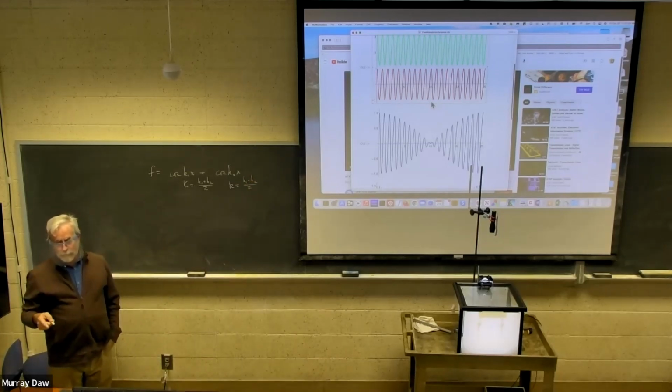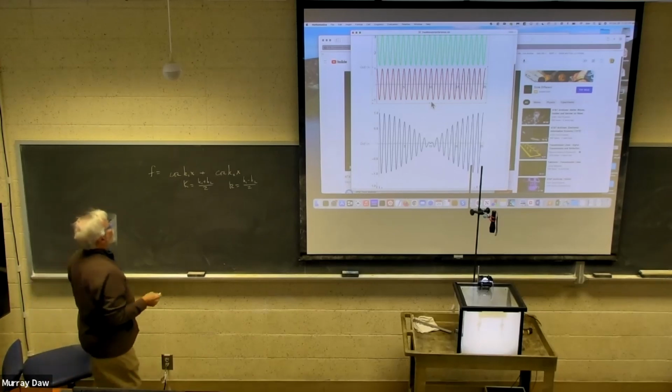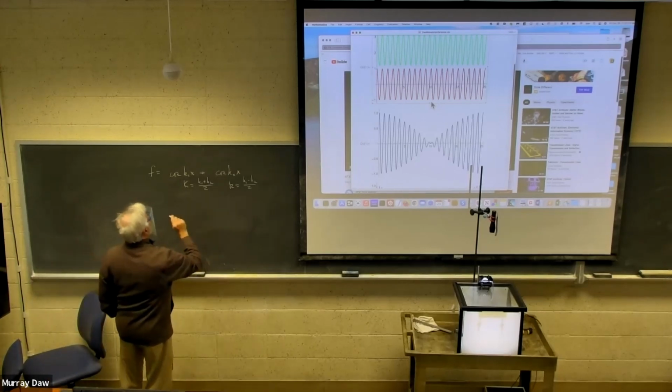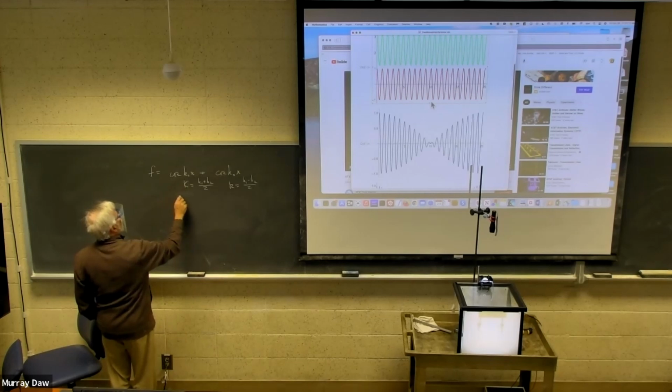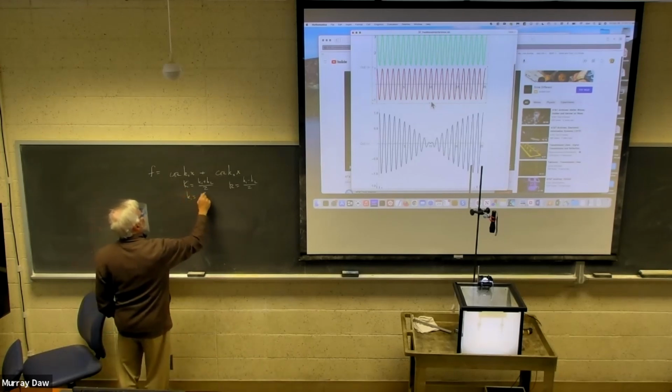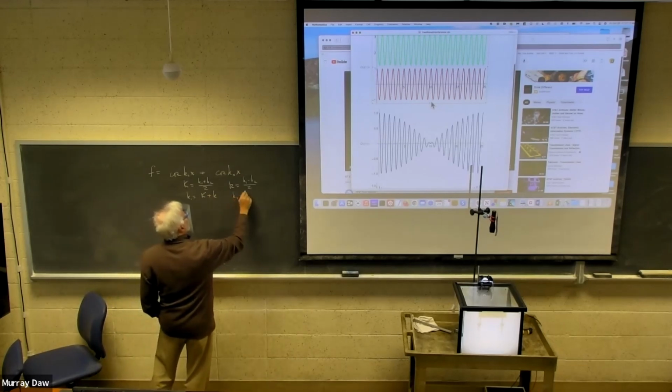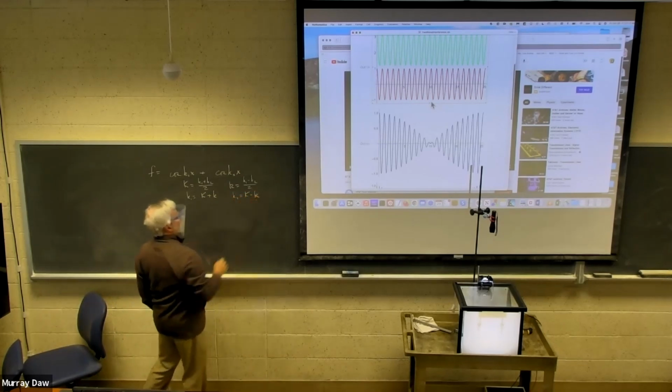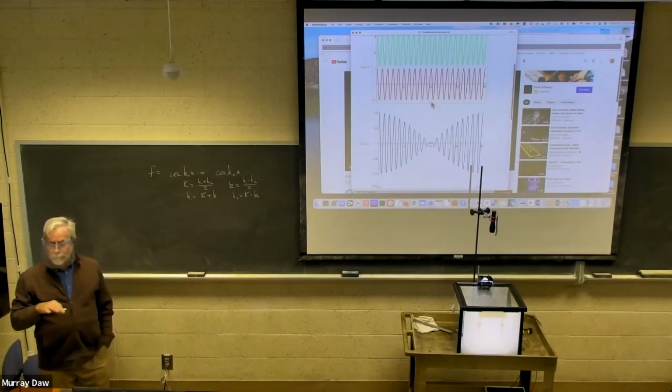The difference is important. It's what's going to lead to this phenomenon right here that you see. So then K1 is going to be big K plus little k. And K2 is big K minus little k. Right? So there's an average and then a difference.